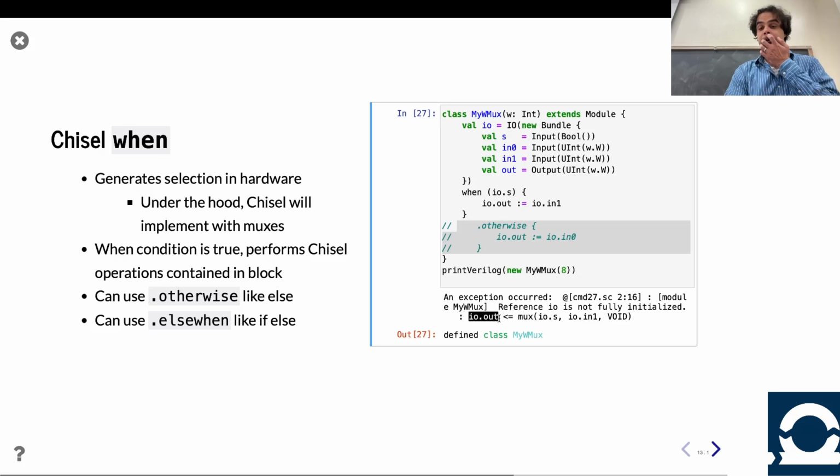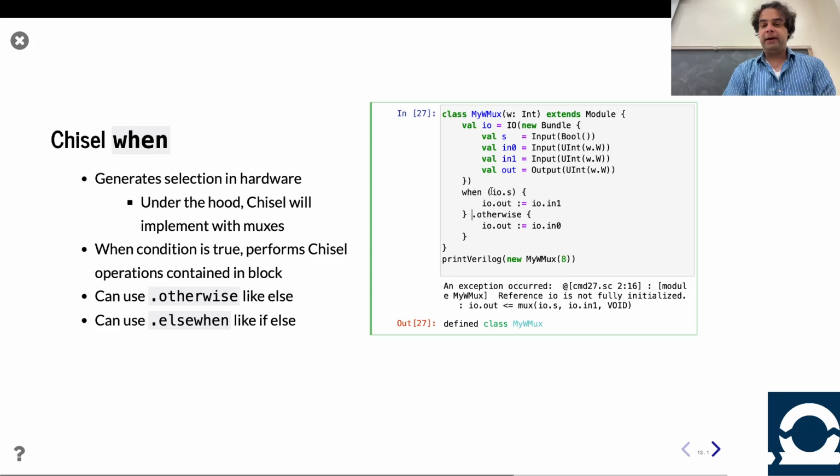I know when io.s is true, it's going to be connected to io.in1. But otherwise, when this is not the case, what the heck should it be? So with the otherwise case in this example, you can see for all possible values of io.s, io.out has a connection.